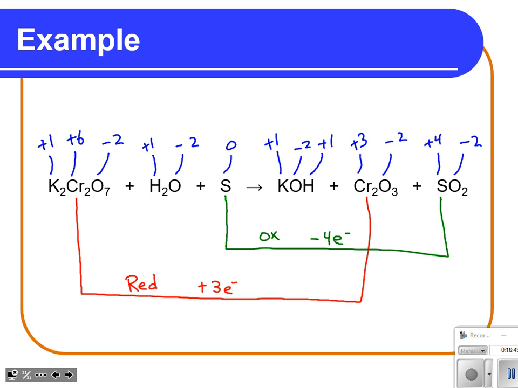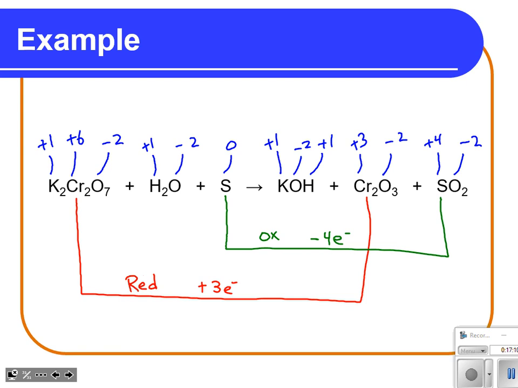So I have determined what was oxidized. I've determined what was reduced. I've seen the number changes. Okay. Now what I need to do is make the total increase in reduction number equal to the total increase in the oxidation number.